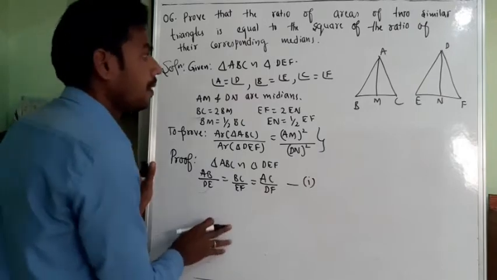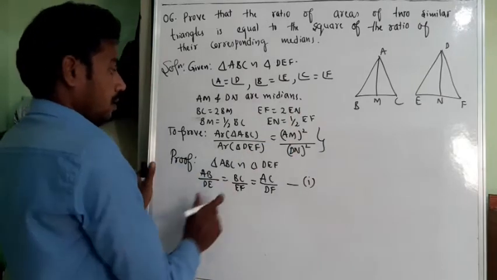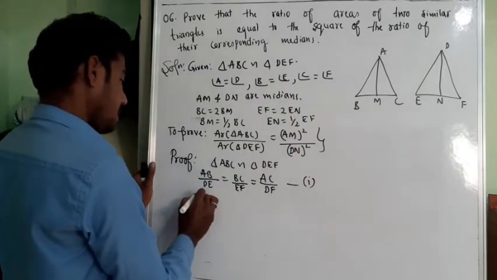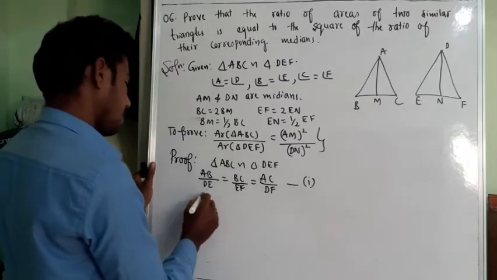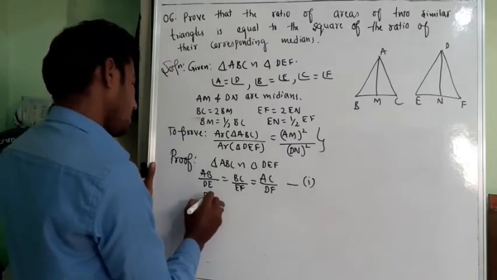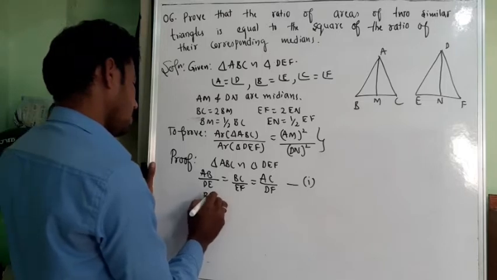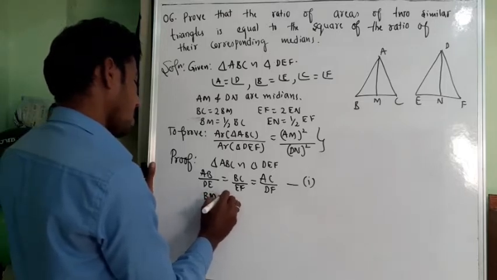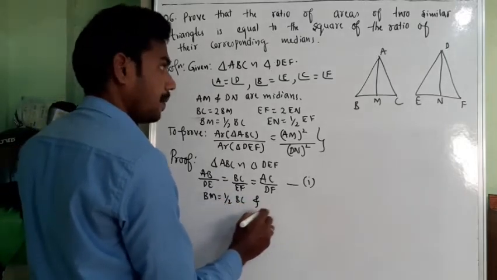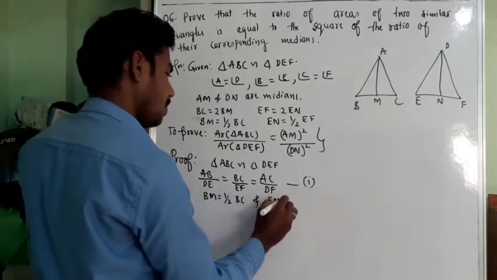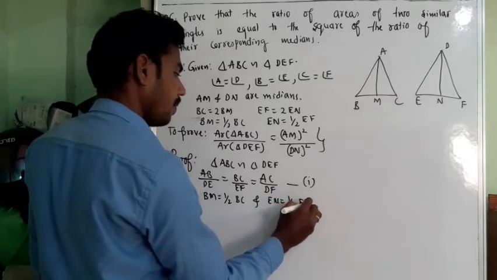Now, BM is equal to half of BC and EN is equal to half of EF.